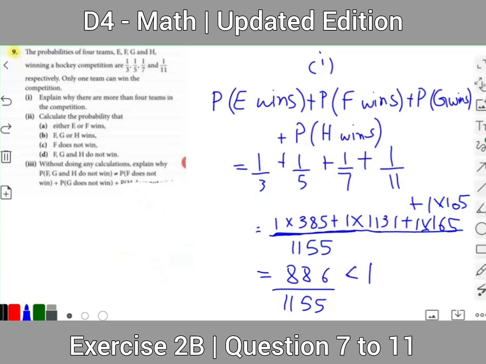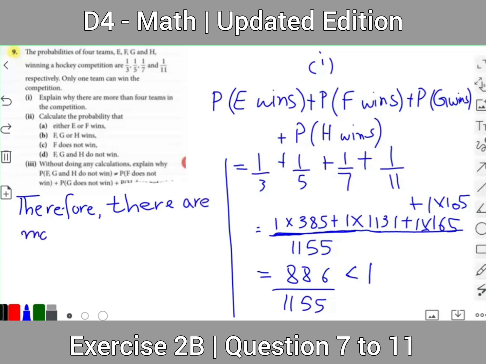So therefore, there are more than 4 teams in competition.